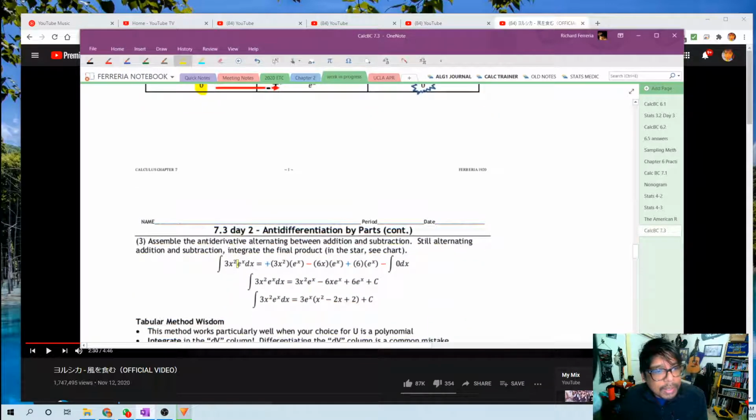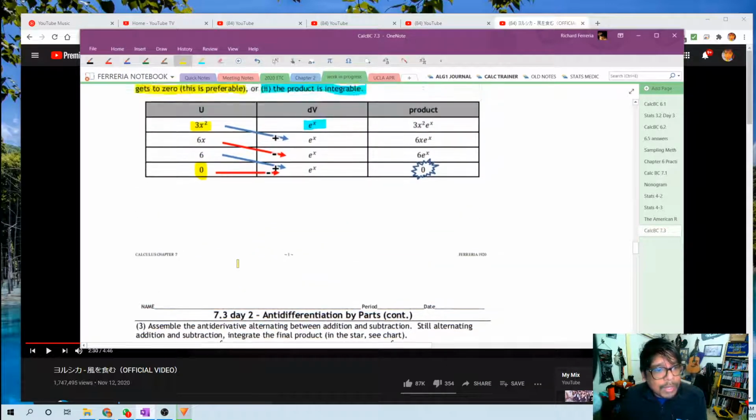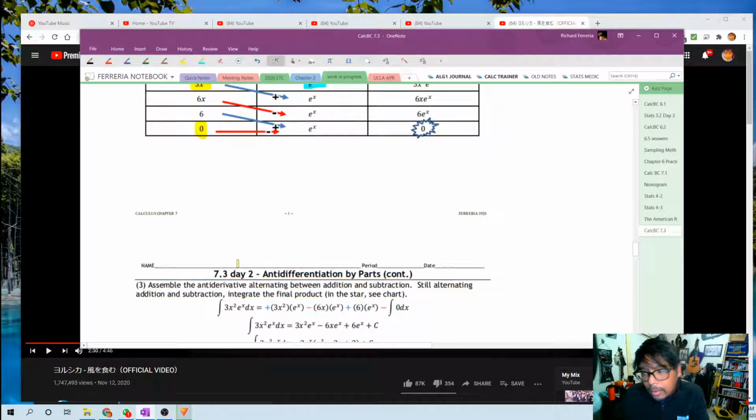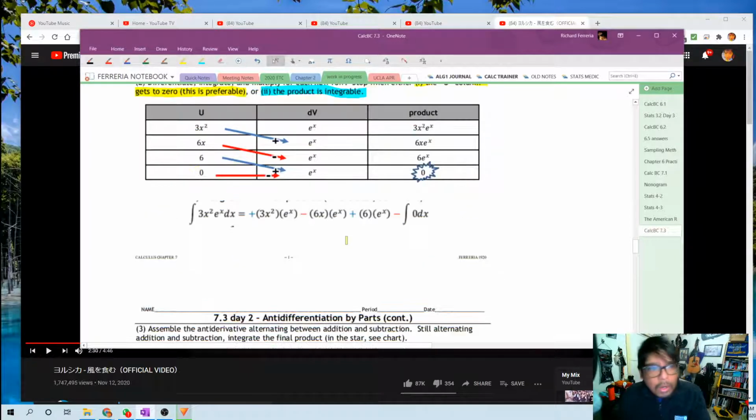Once you get to that 0, we're going to multiply diagonally, starting with 3x squared and e to the x. So 3x squared multiplied by e to the x, that's this right over here.